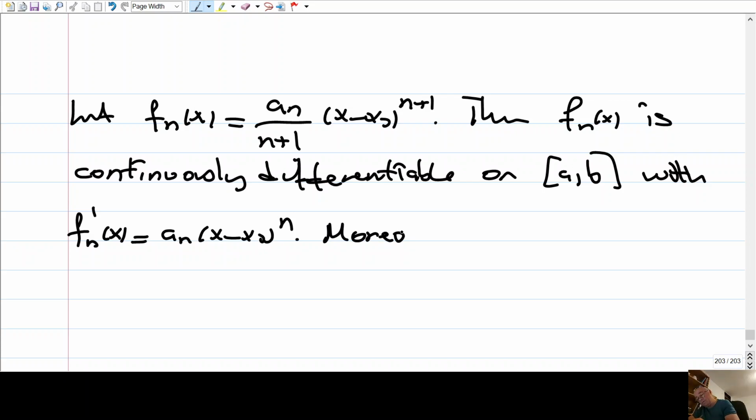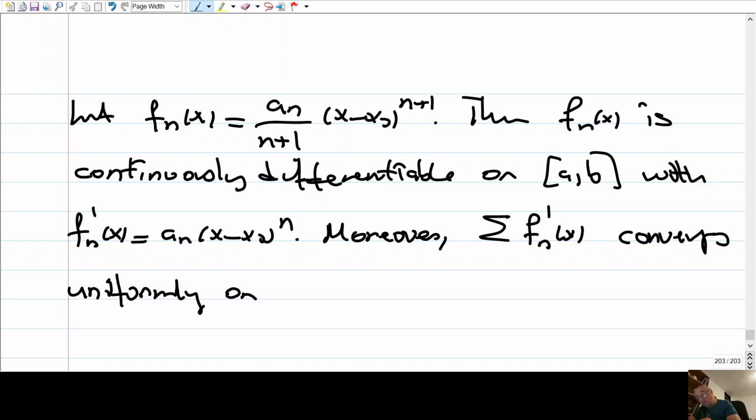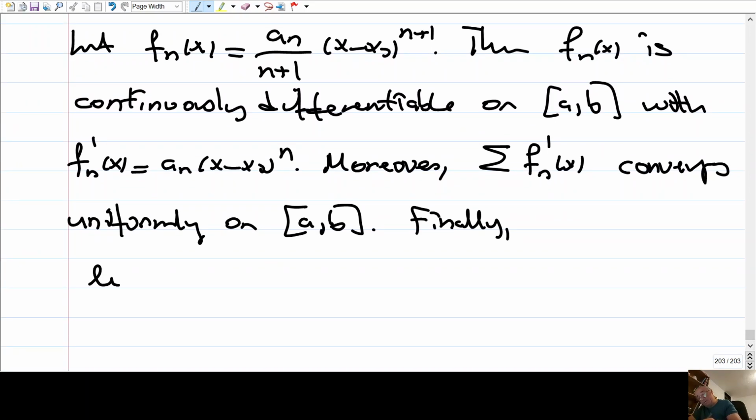Moreover, this is convergent, it converges uniformly on [a, b], a compact set, and also, moreover, okay, finally, the limit of f_n prime, which one was that?